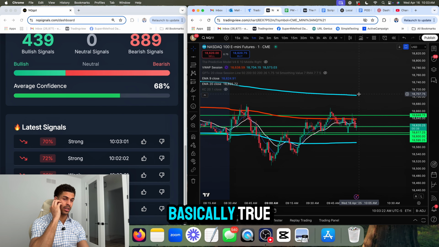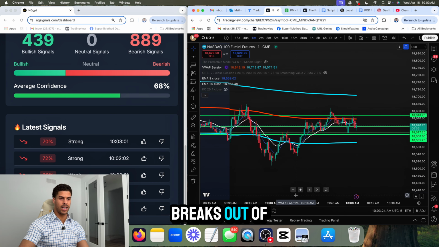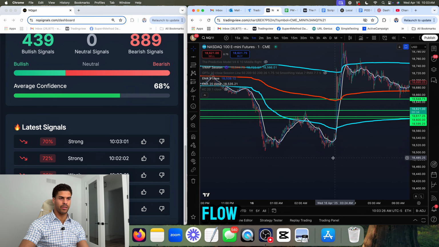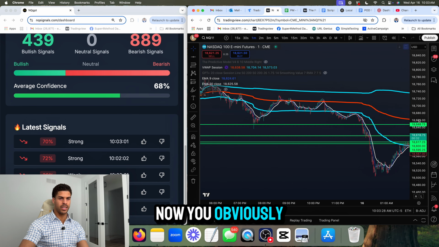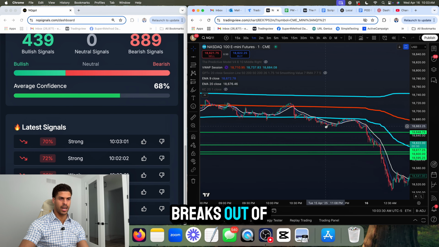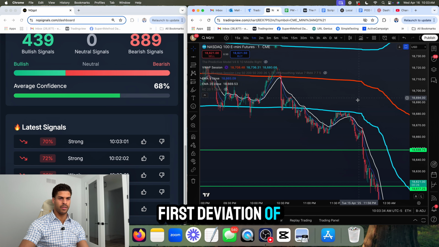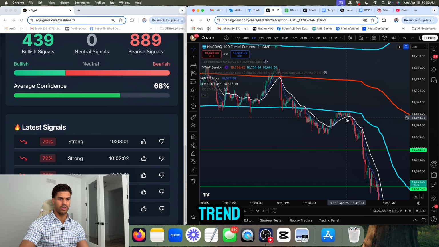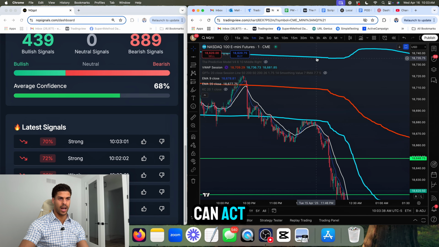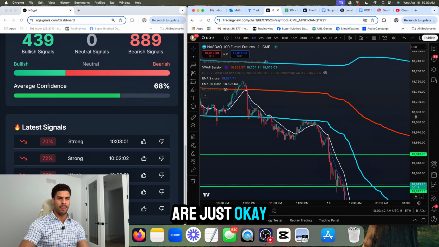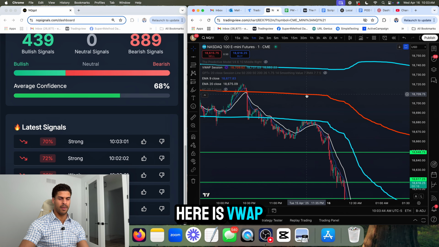That's going to be basically true, because when price breaks out of this, that's when we really start to get a nice flow. Now, you obviously get trends long before price breaks out of this deviation, but typically when price is outside of the first deviation of VWAP, you've got yourself a nice little trend. The deviations themselves can act as support and resistance, and the deviations are just VWAP times itself below and above, and that gives you this nice little range.